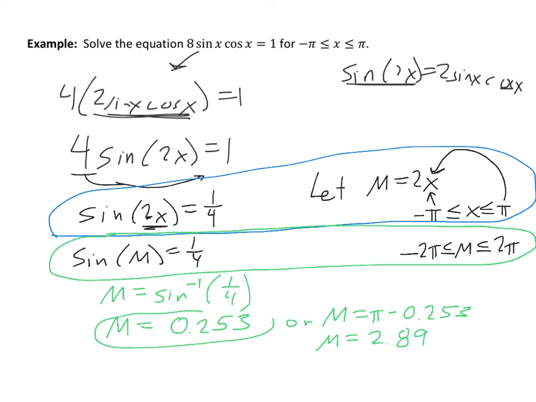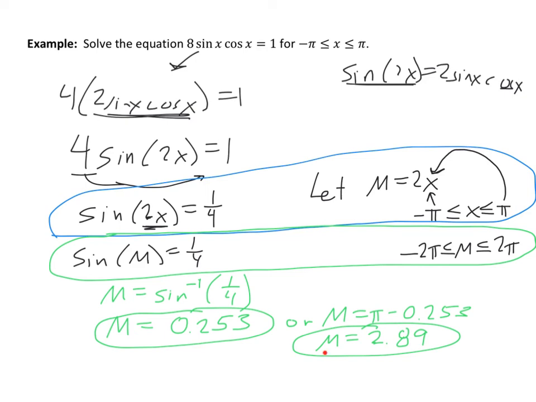Remember, these aren't final answers because these are just in terms of m. At this point, we found the primary solution for sine and the secondary solution. We could also add or subtract 2 pi, because that's the period of sine, but that would take us outside of these bounds, which is not what we want. So we're confident that these are the only two answers.